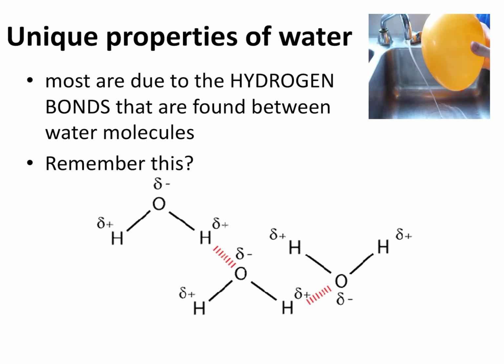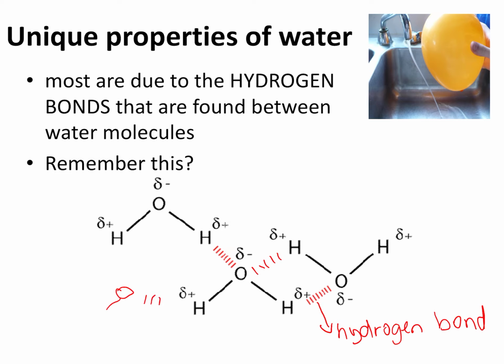So you get this sort of matrix of water molecules. If you remember again from the first unit, these dotted lines represent hydrogen bonds, which are the intermolecular force found between water molecules. If there was another one over here, you could draw some more in.